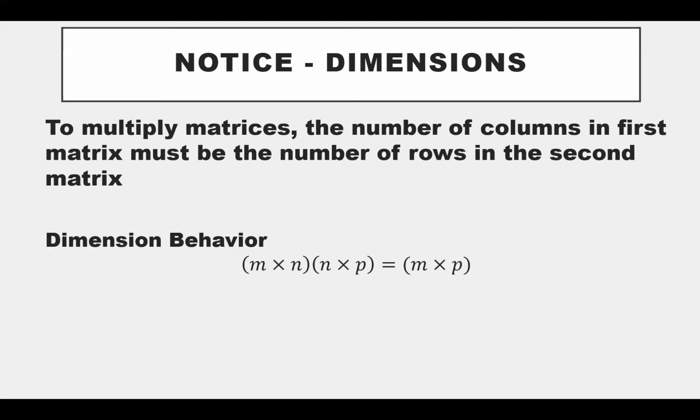And the way the dimension behavior works is that if I have an m by n matrix multiplied by an n by p matrix, notice the columns in the first matrix match up with the number of rows in the second matrix, then these two will cancel each other out and we'll be left with an m by p matrix in the end. So that's how the dimensions work with the ability to multiply two matrices together.